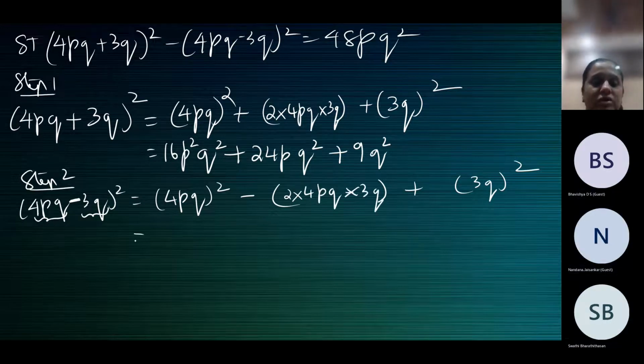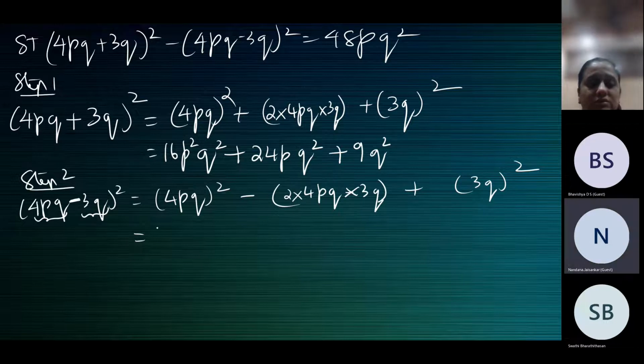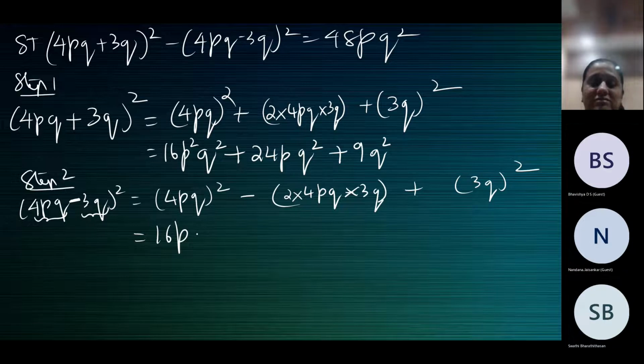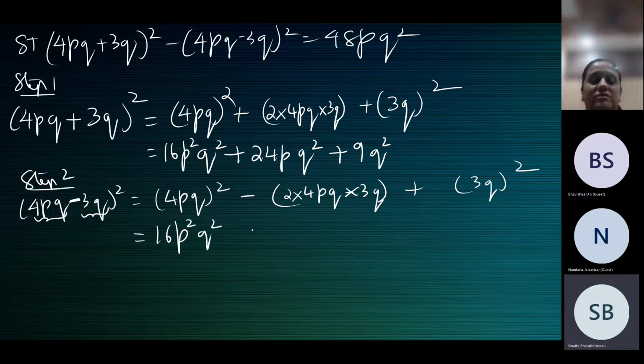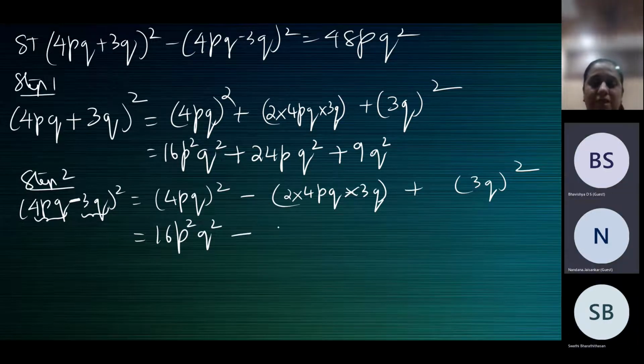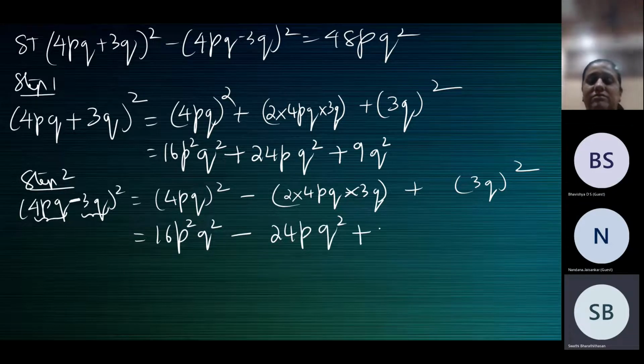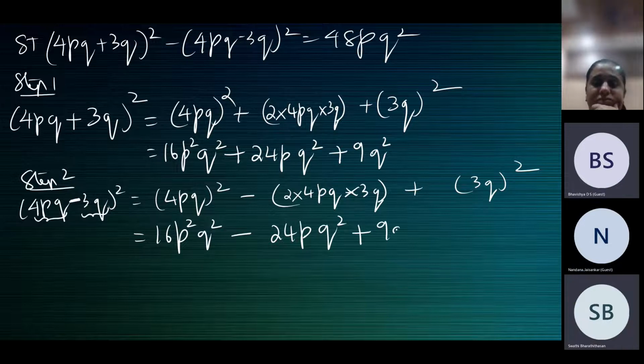Okay, now finally, what is 4pq the whole square? 16p square q square. Minus 24pq square plus 9q square, ma'am.